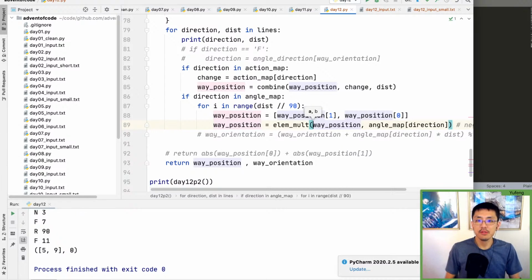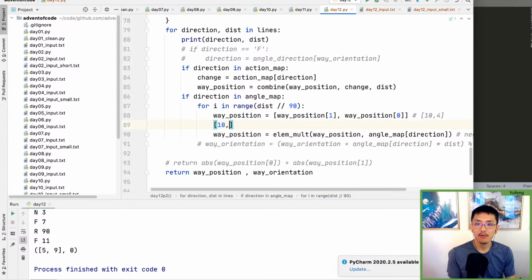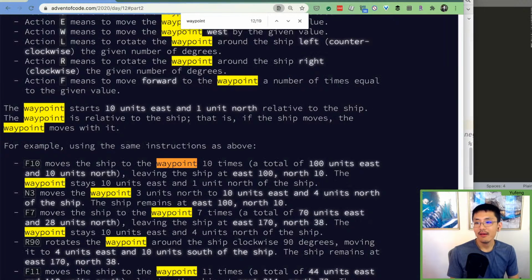So way position, right, is something like 10, 4, and then we take way position and multiply by the angle map to do like 10, 4, going to 4, -10 or something like that. So yeah, 4, -10. Yep, that's what we're expecting.